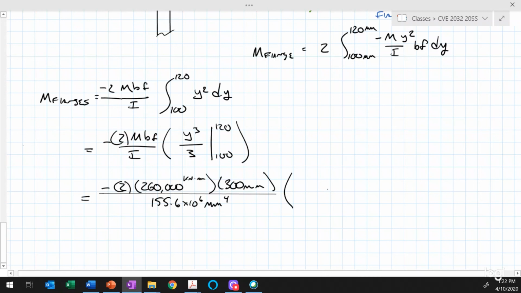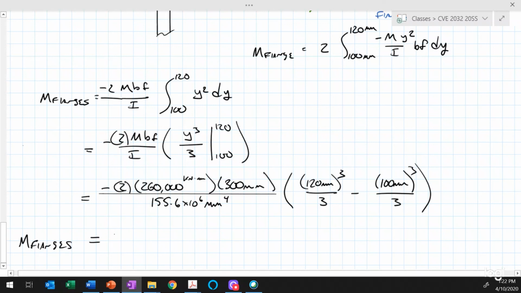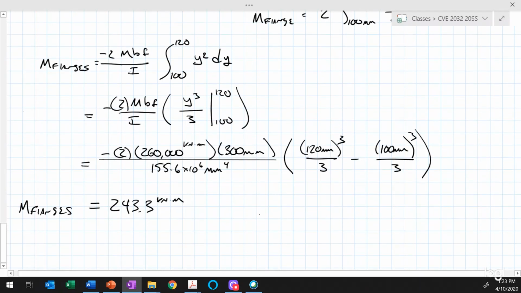And then here we have 120 millimeters cubed divided by 3 minus 100 millimeters cubed divided by 3. Ultimately we end up with the final answer, and if we work through the units as well, it works out to be 243.3 kilonewton meters.